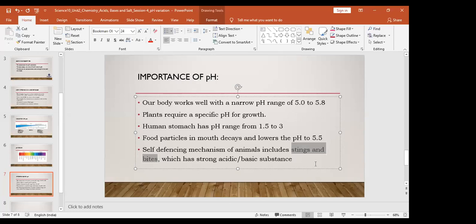Now, if it is an acidic substance which has been injected, then how to cure that? We can cure that with normal bases that are available at home, like toothpaste or baking soda.